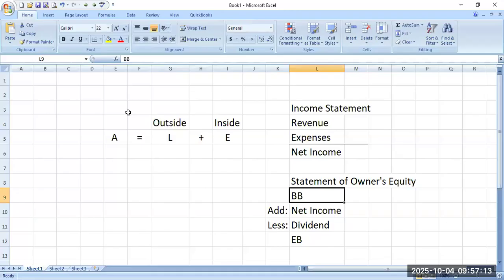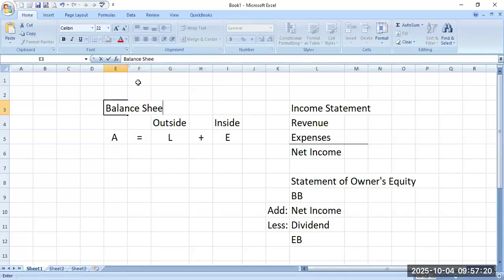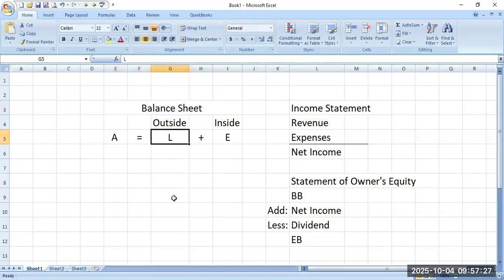And the last statement that we're going to prepare is our balance sheet, which magically matches the accounting equation, correct? So that ending balance of the owner's equity is going to flow directly right here on the equity section. The last thing left is to find out how many assets we have and how many liabilities the company has.